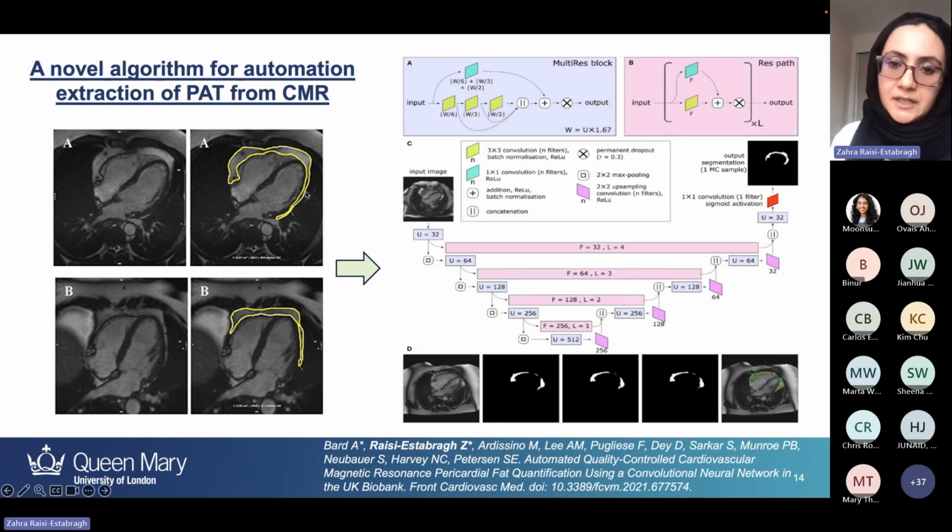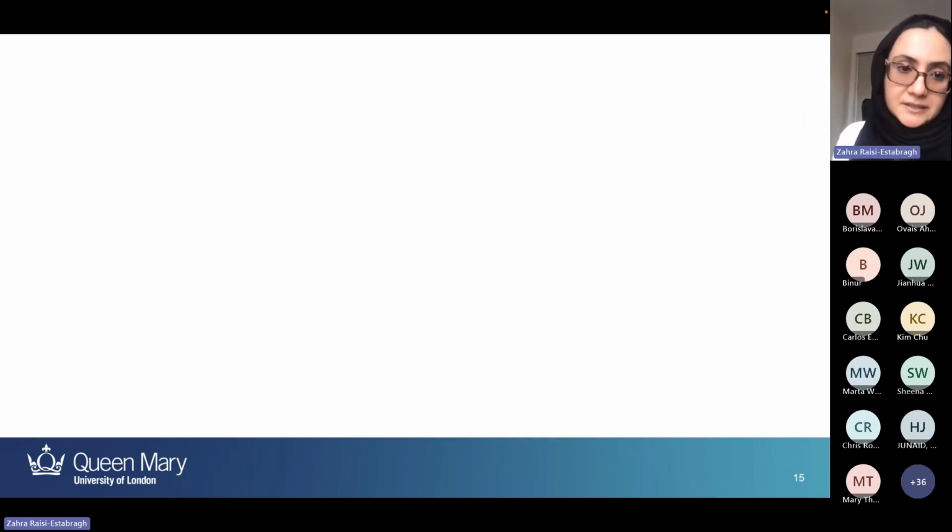This tool was developed in the UK Biobank, validated in an independent holdout set within the UK Biobank, and also within an external independent set. This work is published in a separate technical paper, but it allowed us to generate pericardial fat measures for the entire UK Biobank imaging set.